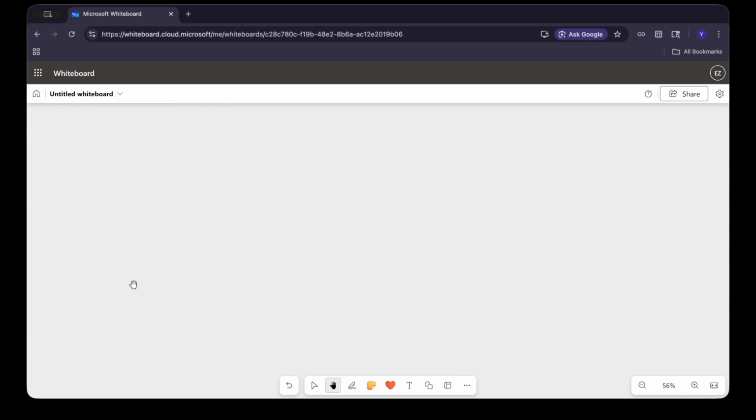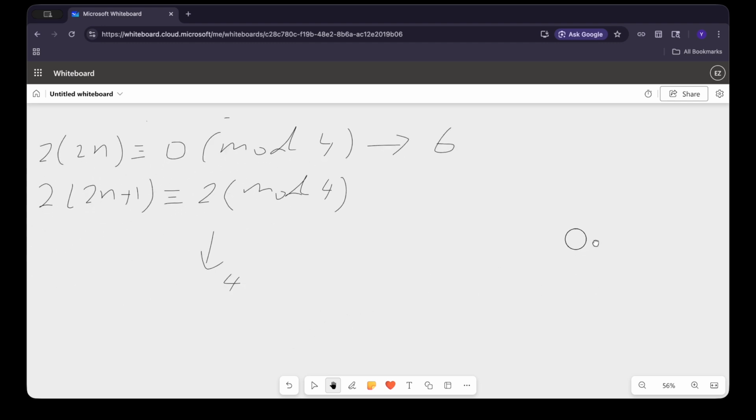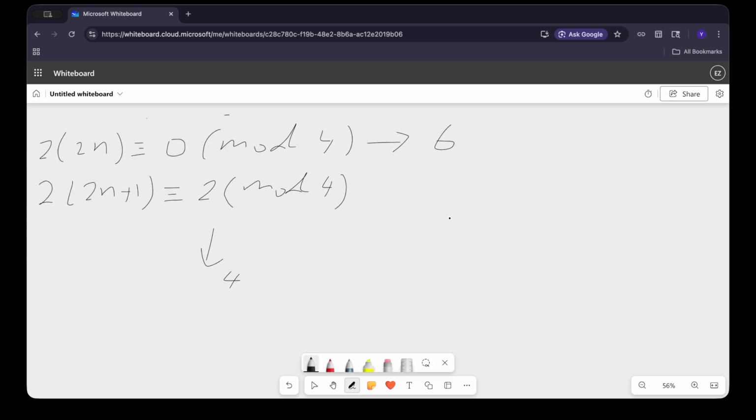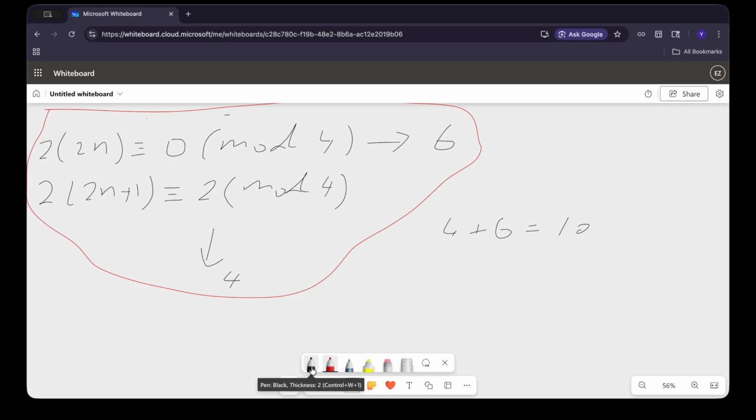So right now we consider the second case, 4 plus 6 equals 10. Since we already see the pattern for 2^(2j), we only need to see the pattern for 3j.